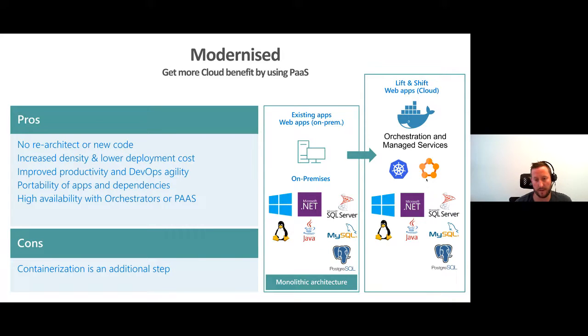The other things that you can get with the cloud obviously is easy integration with DevOps tools and the ability to easily deploy into the cloud. The con of modernizing the application obviously is that containerization is an additional step.